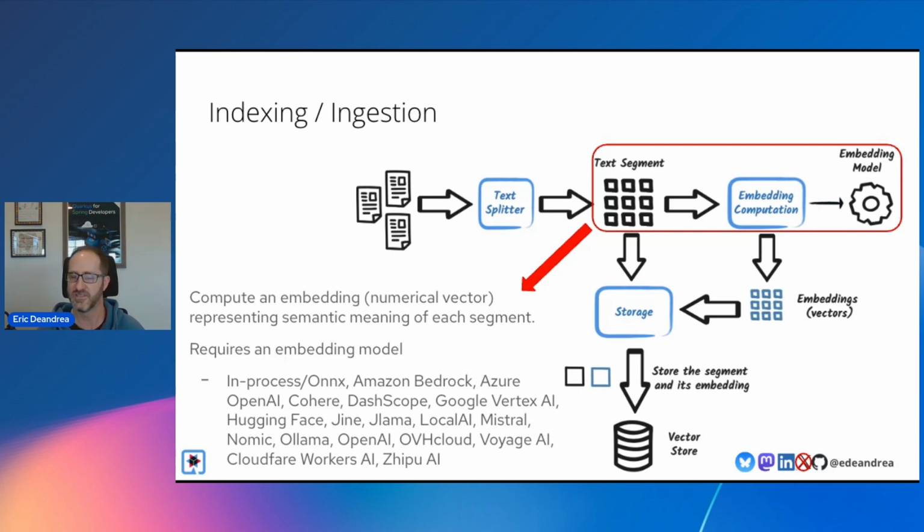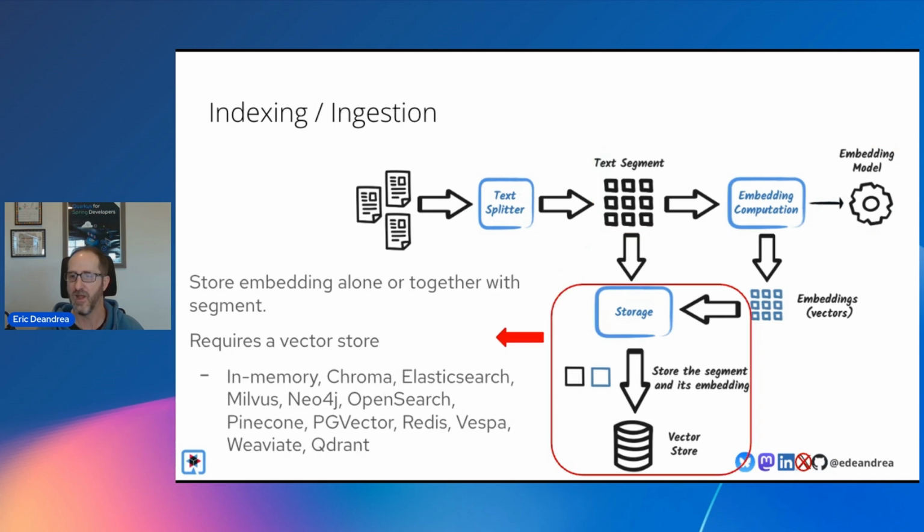And so once you send that to the embedding model, it'll give you back your set of vectors, and you need to store that somewhere. Typically, you're storing it in some kind of a vector store. There's, again, lots of different ones out there. There's in-memory ones. Elasticsearch has one, Chroma, Milvus. PG Vector is an extension for Postgres that can do it. Redis, Weaviate, Qdrant.